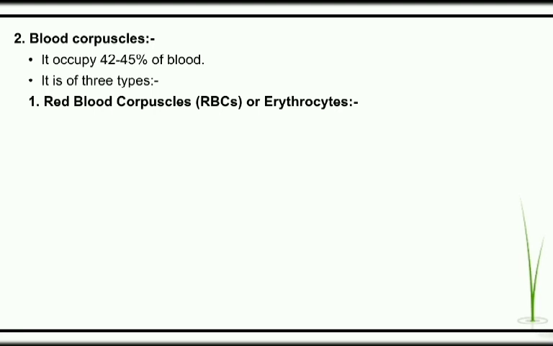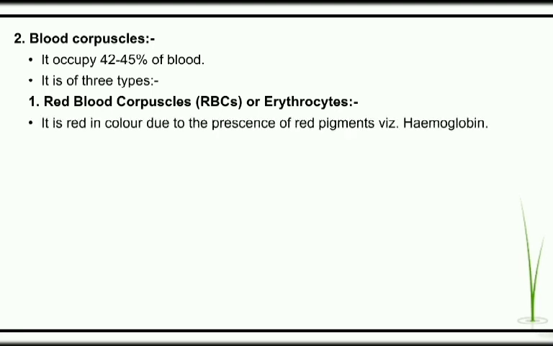It is also called erythrocytes. Okay, it is red in color due to the presence of hemoglobin. One more thing you should make very clear: in the previous lecture I told you that hemoglobin is a unit of respiration, because it helps to transfer oxygen and carbon dioxide to different parts of the body.